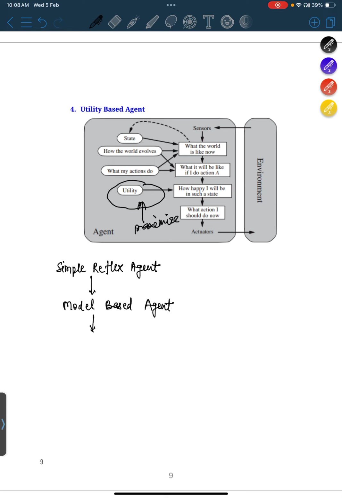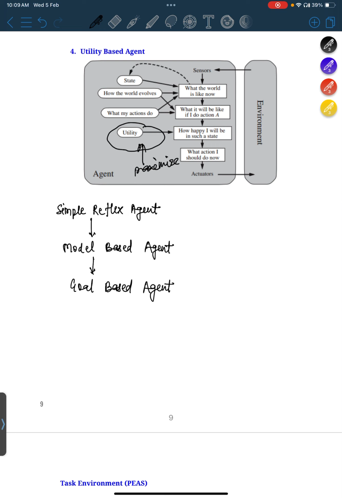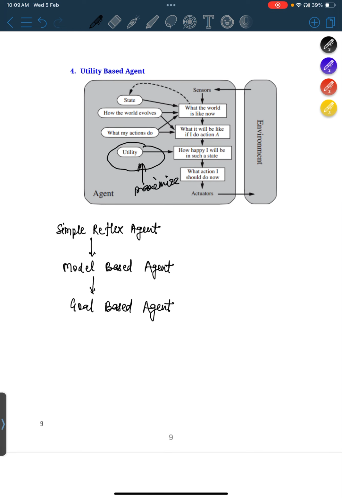Then after that we have goal based agents. These goal based agents are also model based agents only. The model based agent is developed on the reflex agent, and the goal based agent is developed on the model based agent. Now we have defined a notion of goal, the task the agent needs to fulfill. But since there can be multiple ways to fulfill that goal, we want something which minimizes the time taken, or, if it's a traveling agent, minimizes the total traveling distance.